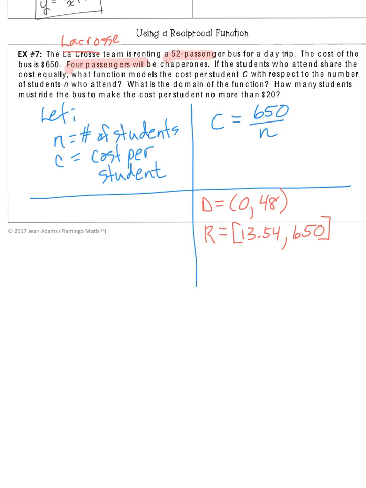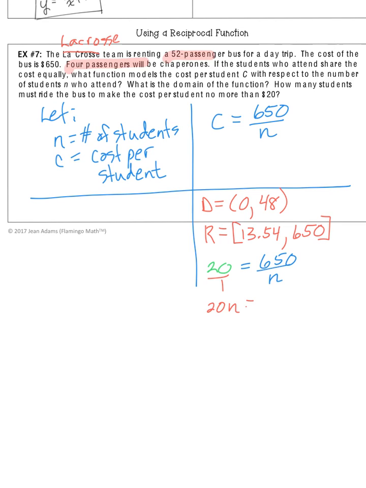That's extra information. So how many students must ride the bus to make the cost per student no more than $20? So for that, we're going to replace cost with $20 divided by n. So to get n out of that fraction, create a proportion and cross multiply.